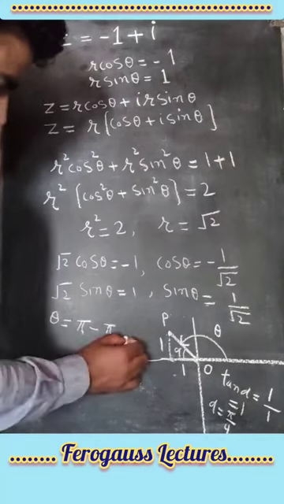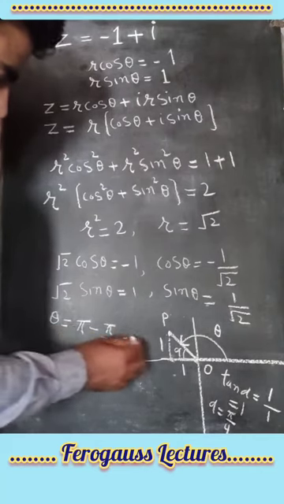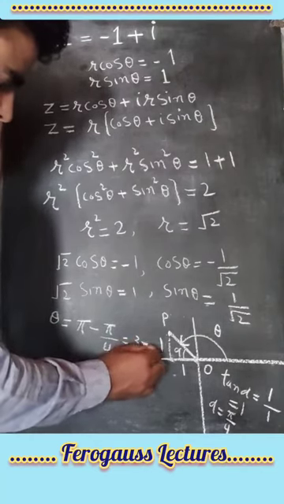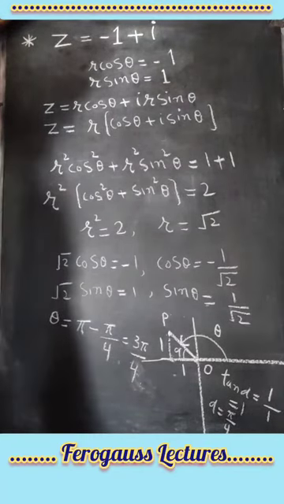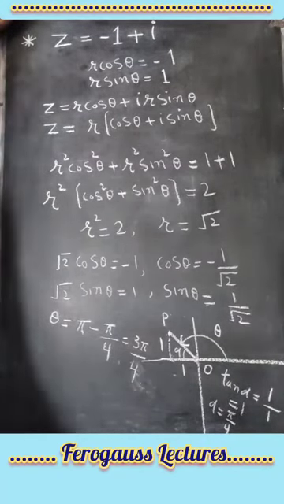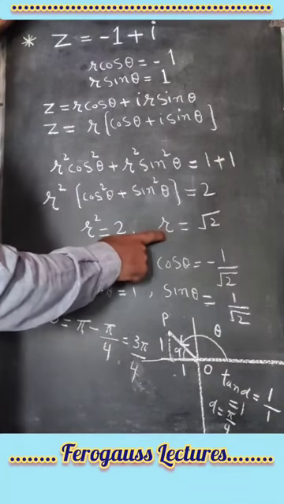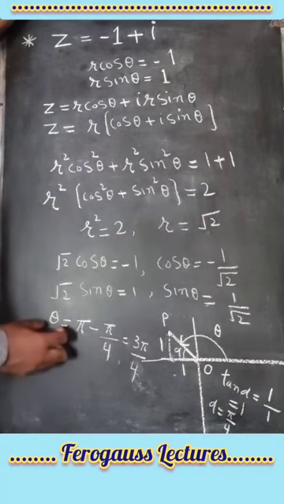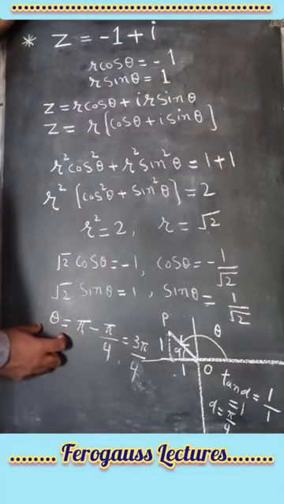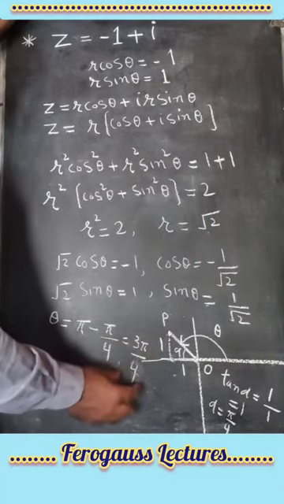So that is equal to 4 pi minus pi over 4, that is 3 pi by 4. So theta is equal to 3 pi by 4. Thus we get modulus, that is r, equal to square root of 2 and argument, that is theta, equal to 3 pi by 4.